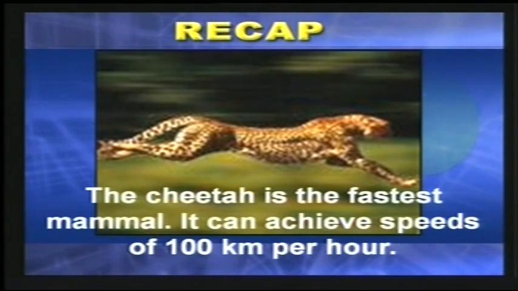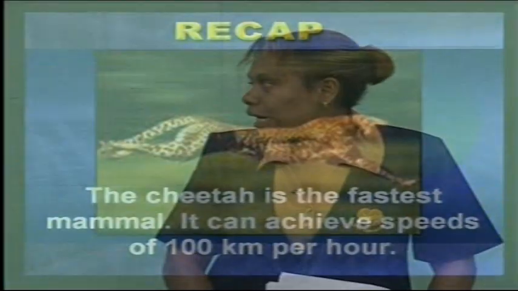Seeing that the cheetah is the fastest mammal on Earth, it can achieve speeds of 100 kilometers per hour. Now, I think we were thinking that 100 kilometers is very far, but that is the speed that this cheetah can travel, because the keyword there is fastest.